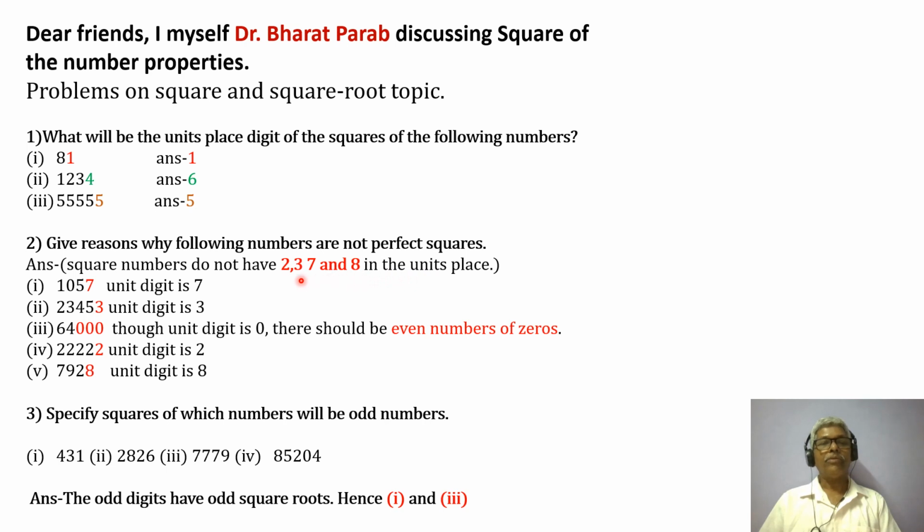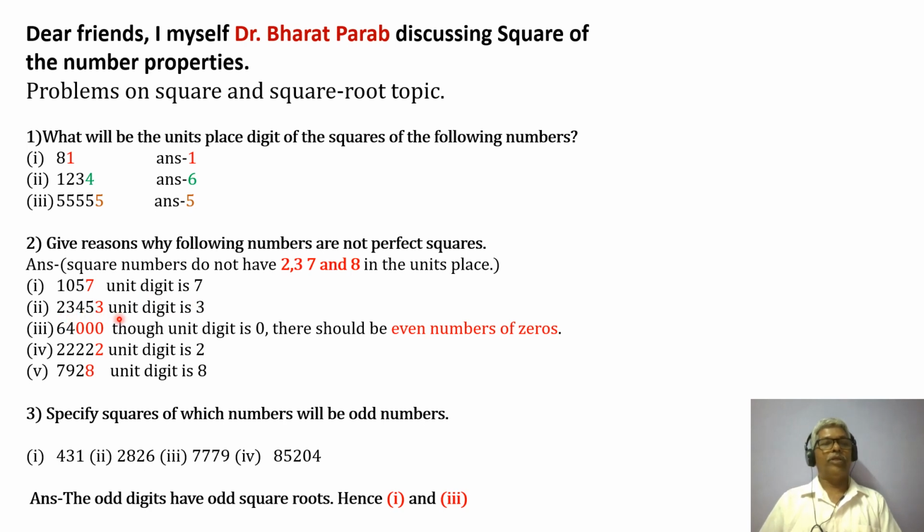So if any number contains 2, 3, 7 or 8 in the unit place, that is not a perfect square. And there is one more property, we will come across it. Here, this number has 7 in the unit place, so that is not a perfect square. We have to give the reason: the unit digit is 7.